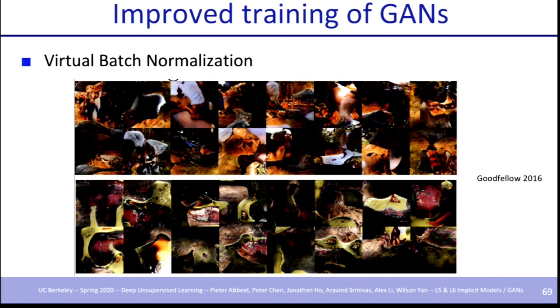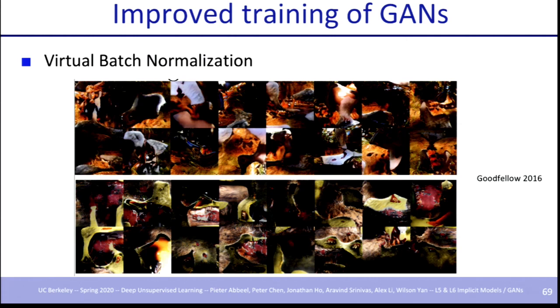So finally, we look at this thing called virtual batch normalization. Previously, I made the point that DCGAN uses batch norm for sampling at test time. And that's likely to produce correlated samples because you're basically sampling a bunch of Z's and averaging over that in your generator, right?